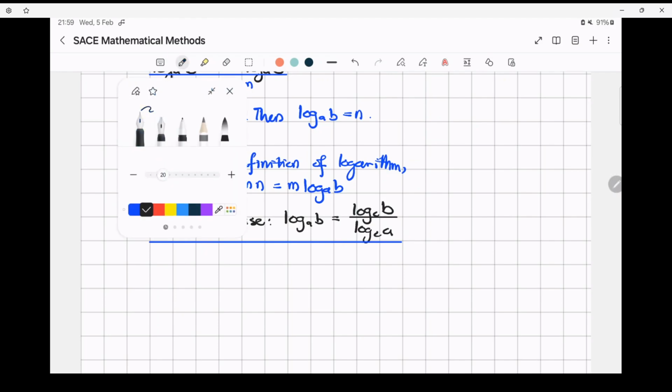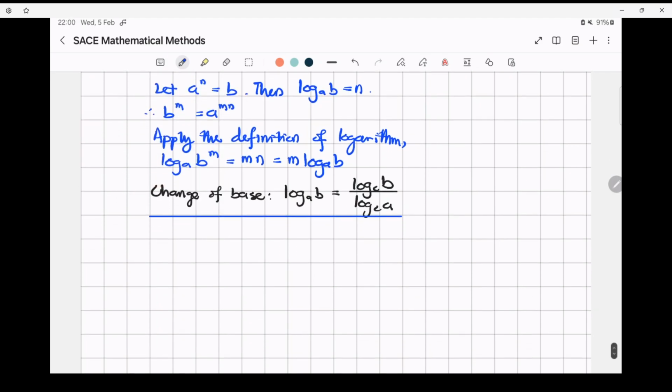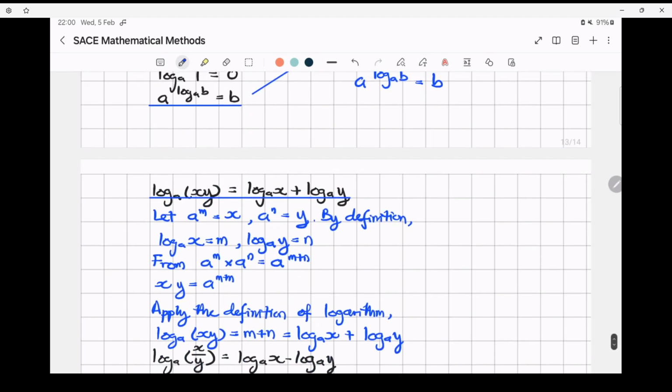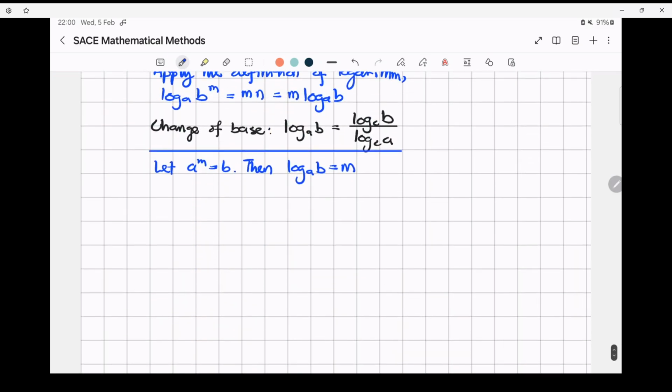So how do we prove this? We can let, for example, a to the power of x equal b. Then by definition again, log base a b equals x. Probably we can just stick to m, because it depends on how you would define it.